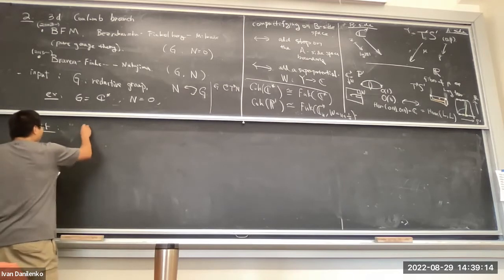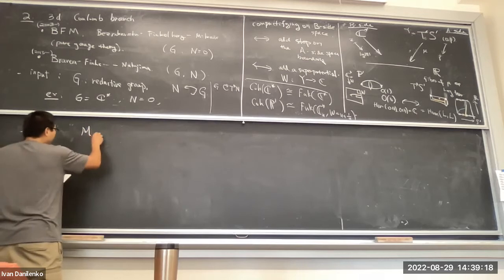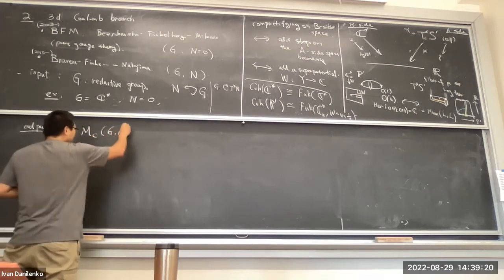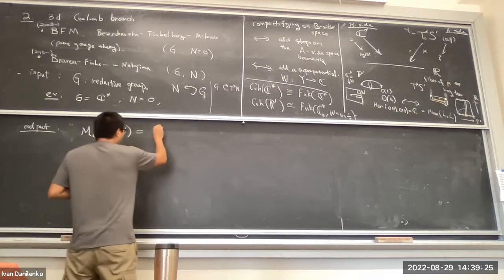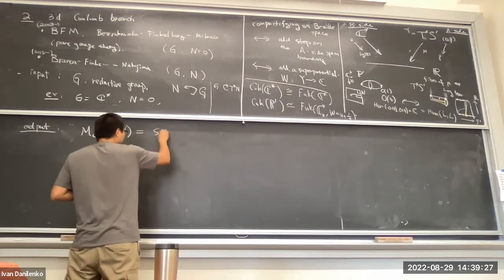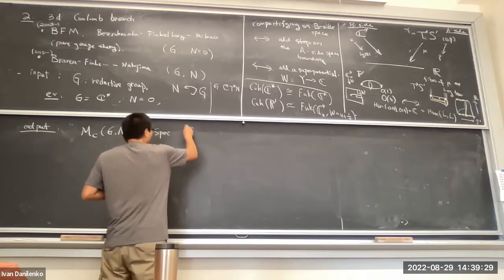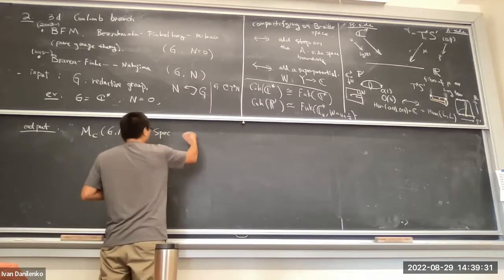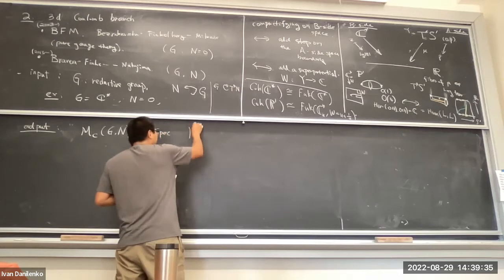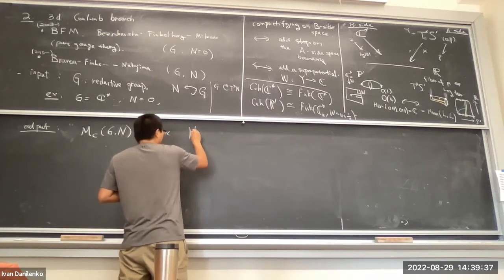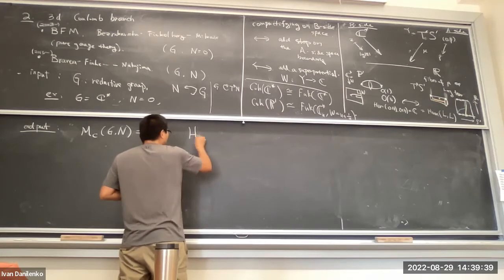Anyway, so we have a Coulomb branch M_C(G, N). This is defined by this first. I'm just going to write down something using fancy notation.